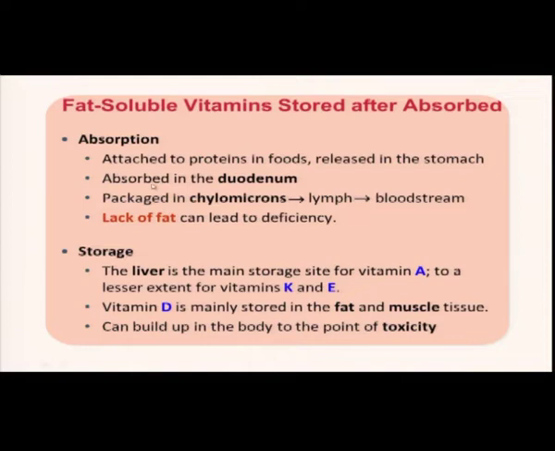So chylomicron: chylo refers to fat, it's a Latin word, chyle. Chyle is like lipid rich substances, and micron refers to the size. So chylomicrons are tiny lipid globules in the dimensions of microns.